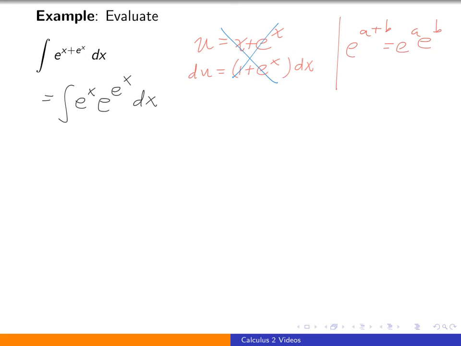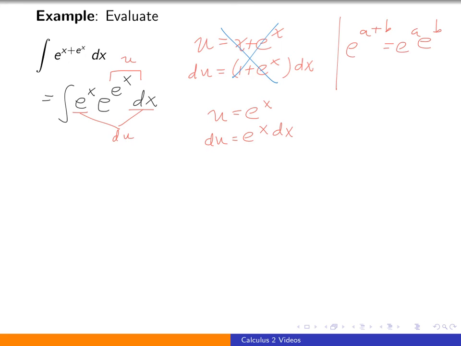And now I see maybe something that could be a good inside function to use for my substitution. Let's just try u equals e to the x, and to me the intuition as to why that works well is you have this e to the x dx left over, and the derivative of e to the x is exactly e to the x.